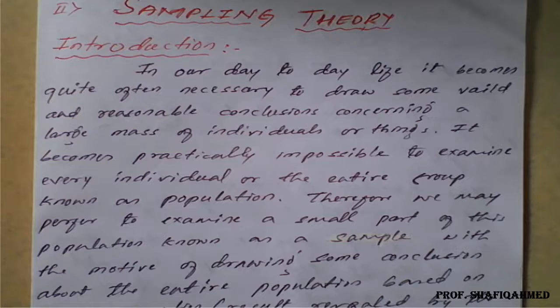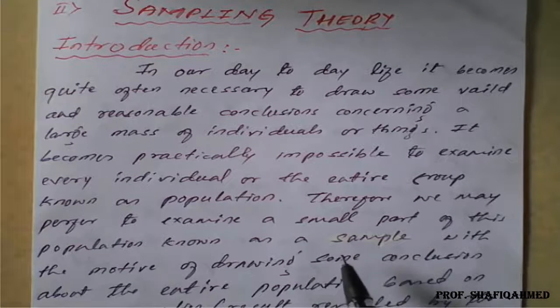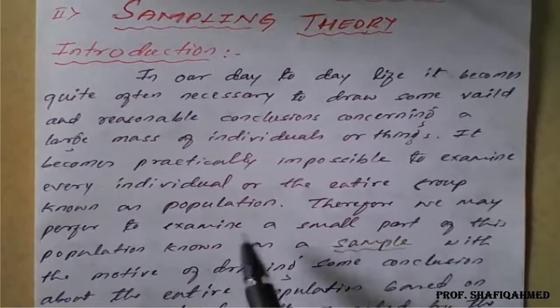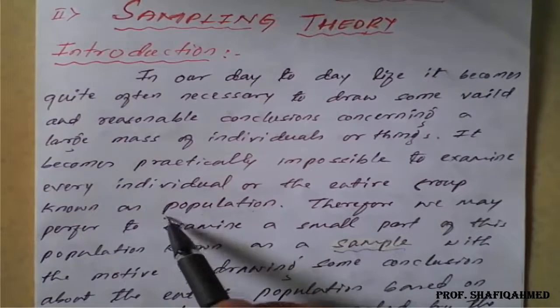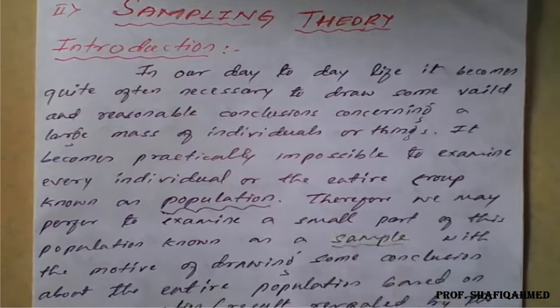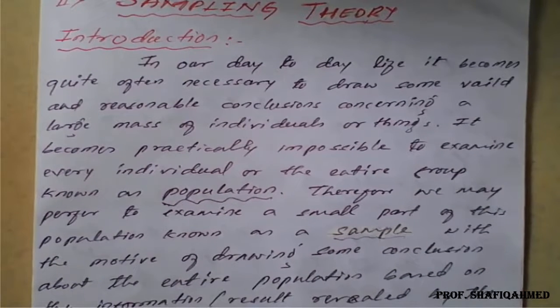That small piece is called the sample, and the 10 kg of sweet is the population. Out of a large population, we test only a small part.